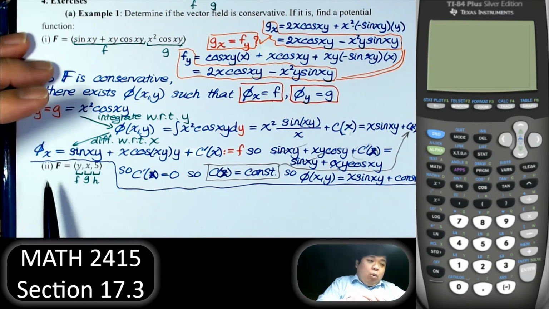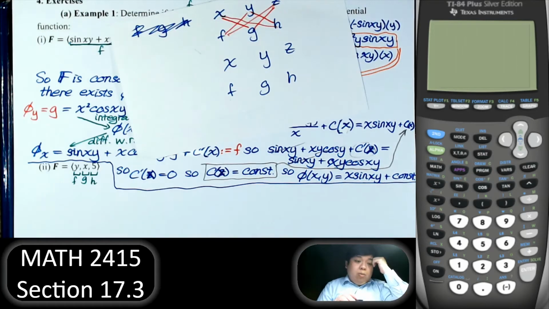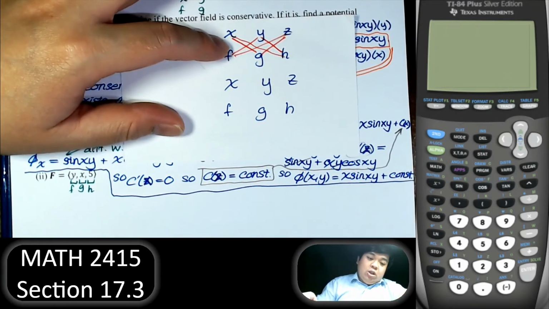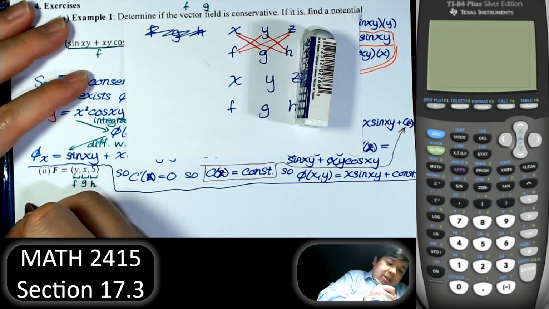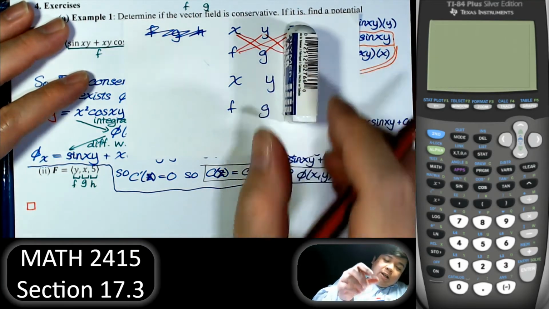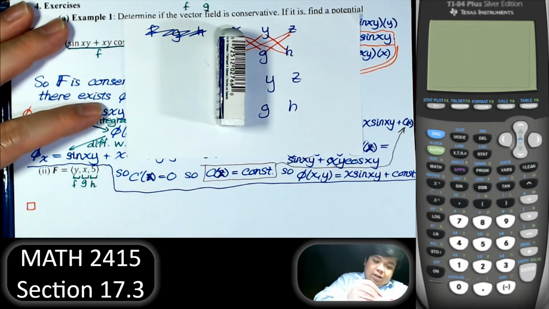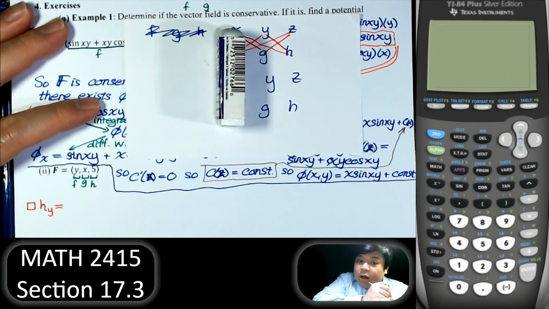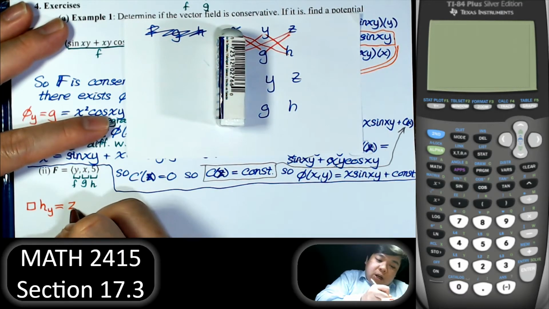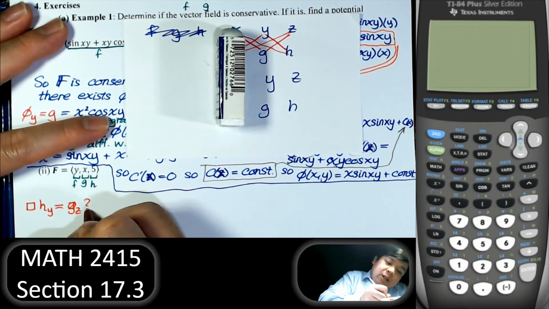Right. Now when we have three variables, three component functions, just use the determinant. So we're going to check three things. First, is the derivative of h with respect to y the same as the derivative of g with respect to z?